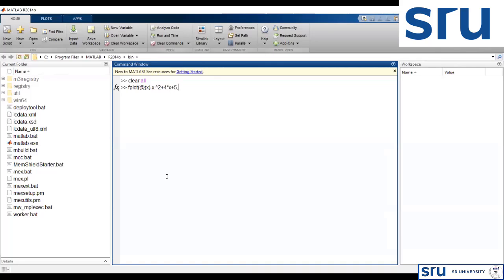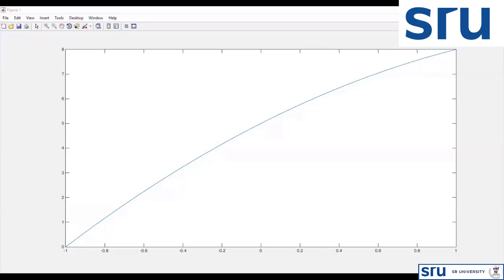Then you have to write the limit. The limit is given as minus 1 to 5. Then you have to close the bracket. So this plot will be plotted. Here grid on is missing, so you just write grid on. Now your grid will be on.